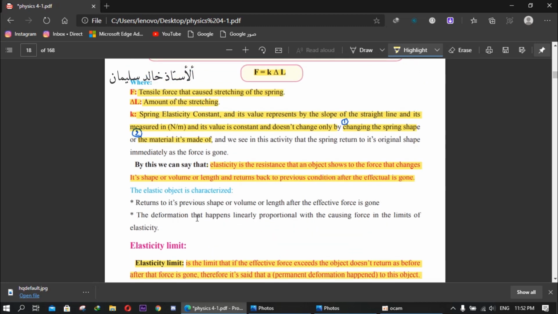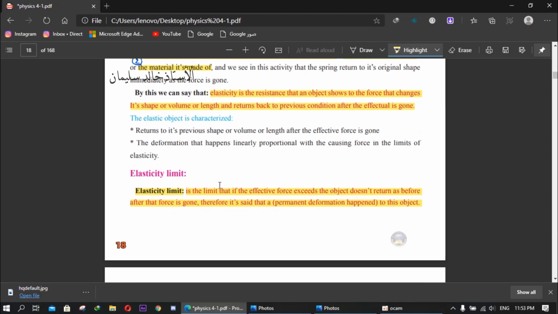Now, what is elasticity? Elasticity is the resistance that an object shows to a force that changes its shape, volume or length, and its return back to the previous condition after the effective force is gone. So when the object returns to its original position, this is elasticity. What are the elasticity limits? The elasticity limit is the limit that the effective force must not exceed.